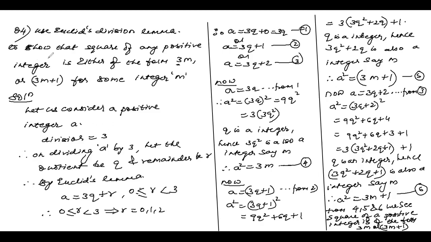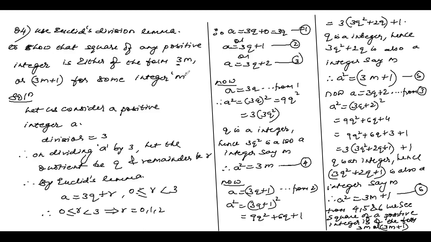Use Euclid's division lemma to show that square of any positive integer is either of the form 3M or 3M plus 1. A positive integer is of this form. So what idea I do? Let us consider positive integer A. Now here, I realize the divisor is 3.